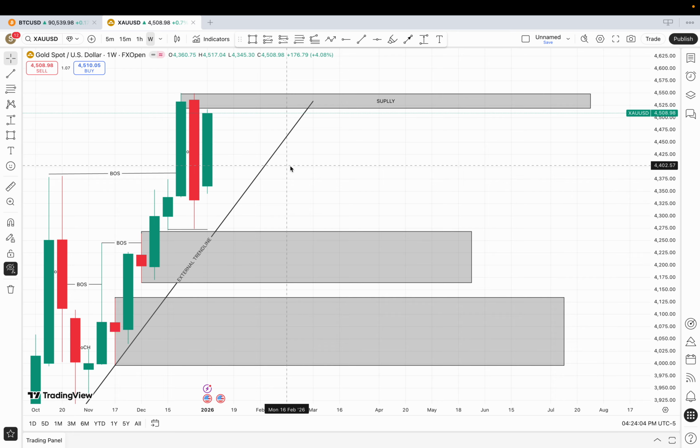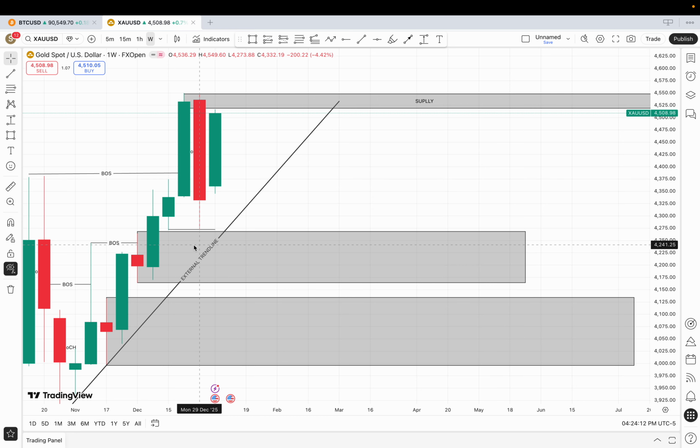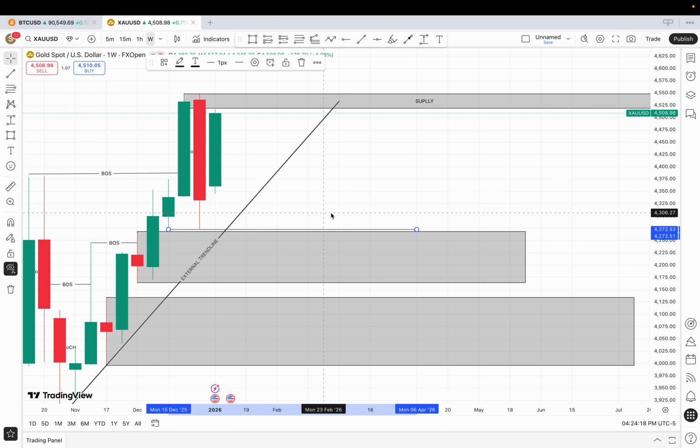And what did I tell you? I told you anytime there are equal lows or equal highs, there is liquidity beneath it or above it. So here we have a weekly low, an equal low. Let's name this our weekly equal low.